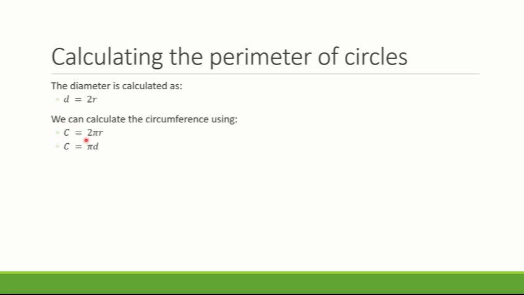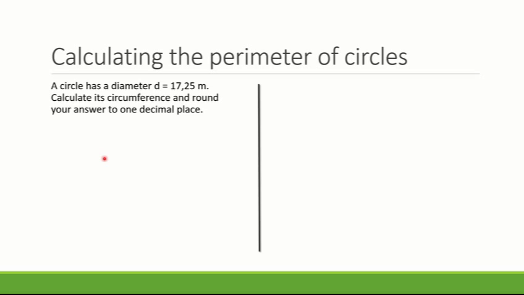C, the circumference, equals 2 times pi times r. But remember that 2 times r is the same as d, so we can also say the circumference equals pi times d, or diameter. It doesn't matter which one we use, just as long as we use the right values for r and d.